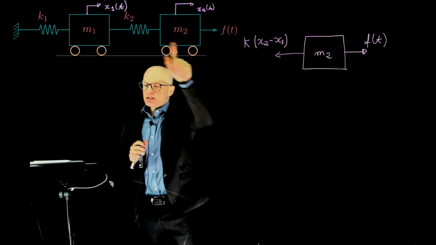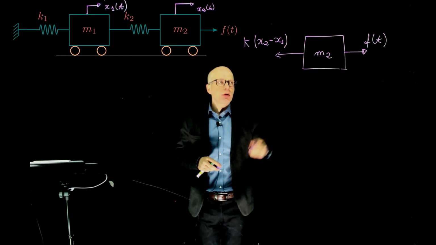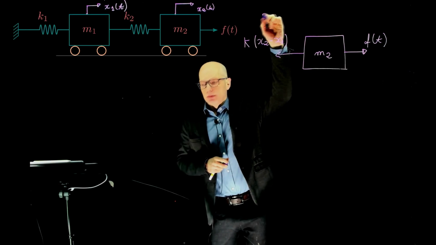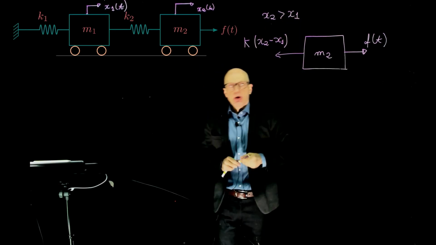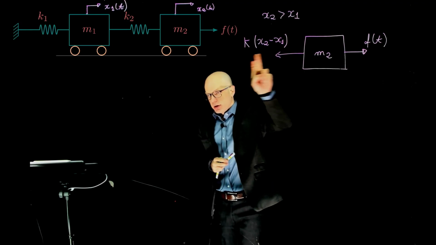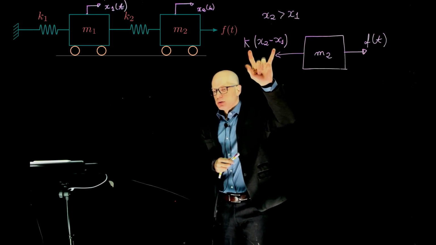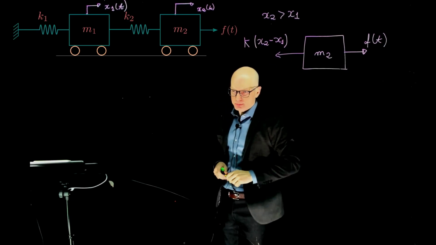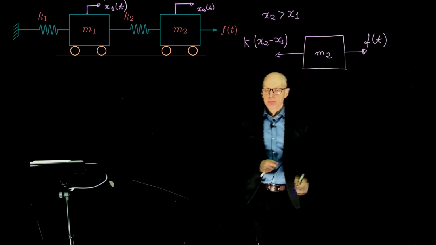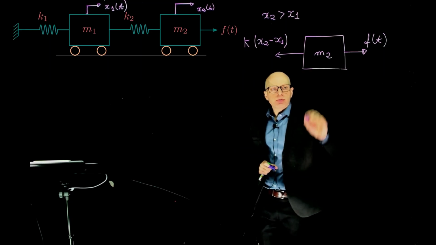It will take some displacement for mass m1 to start moving before it settles. So we could say that x2 is greater than x1. So in order to give a positive number here, we need x2 minus x1. If you write x1 minus x2, this would result in a negative value, and then the arrow would have to be flipped. Okay. Those are all forces acting on mass m2.